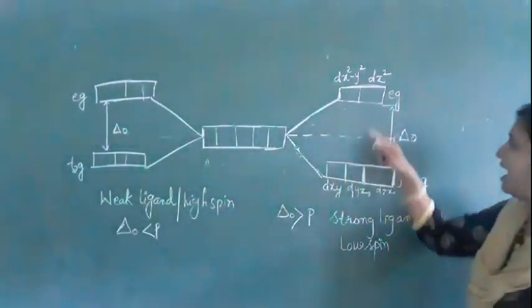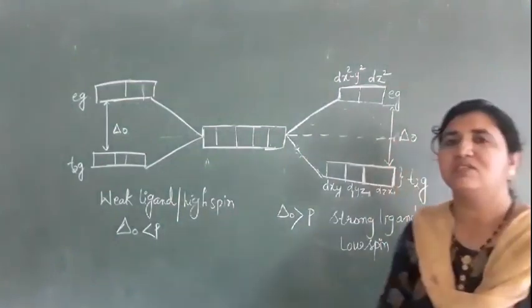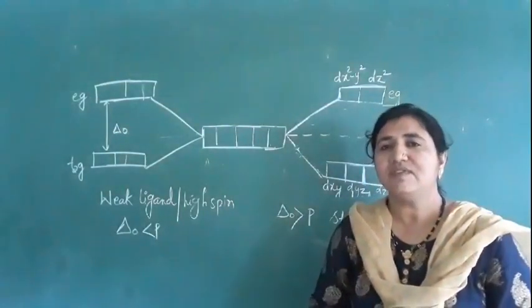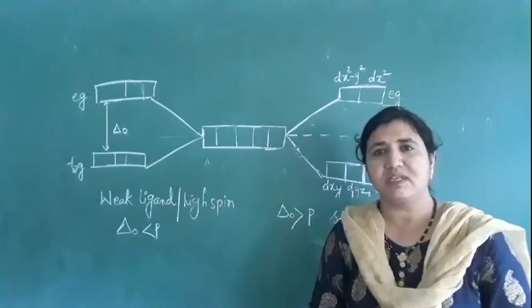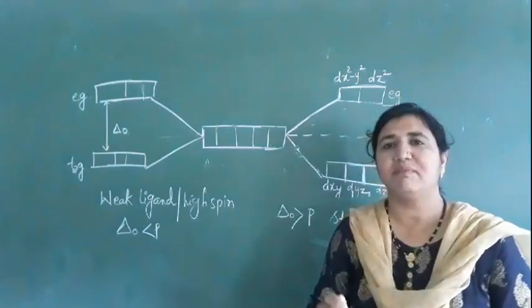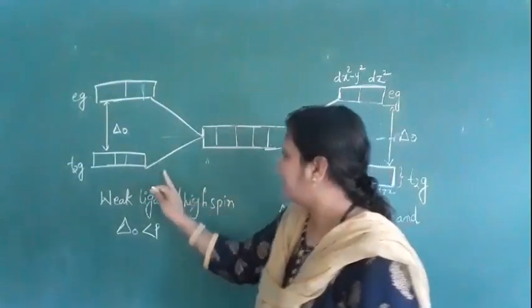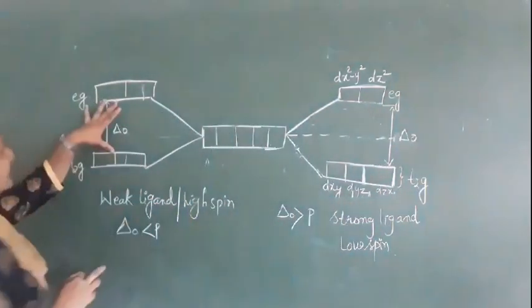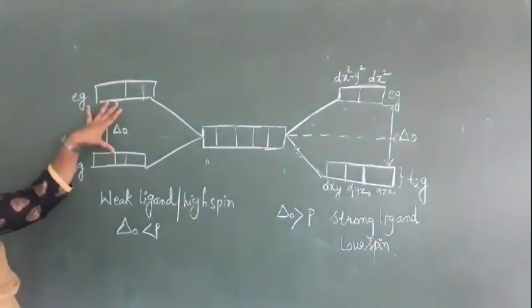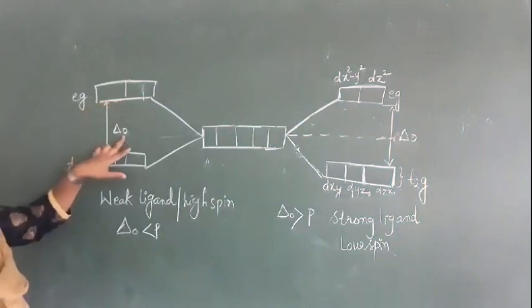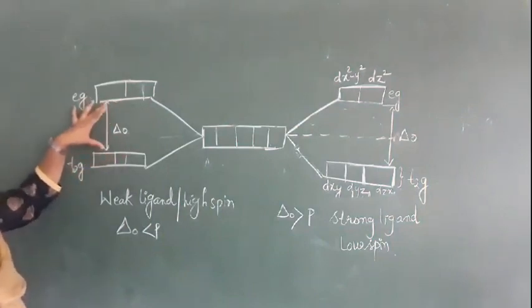This high splitting is due to the presence of a strong ligand. If a strong ligand is approaching the metal, then the splitting will be high. And if a weak ligand is there, then the splitting will be less, that means the delta O value will be low.